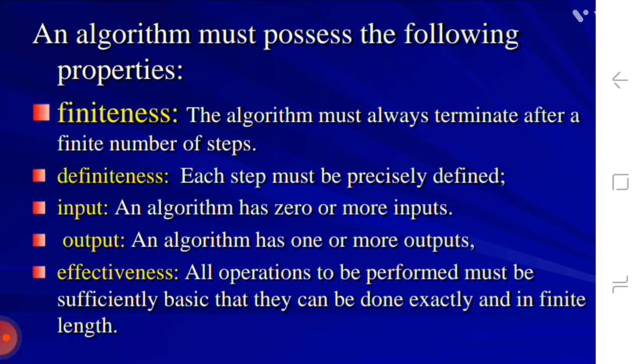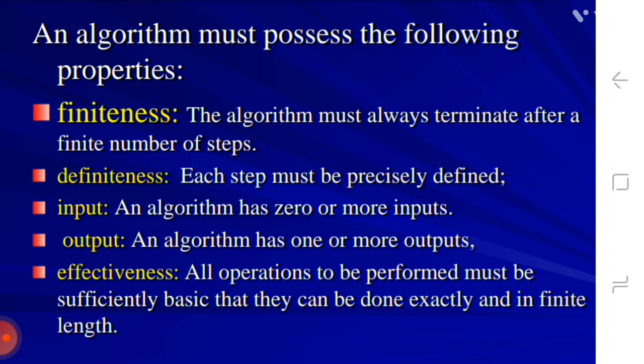Coming to input. An algorithm has 0 or more inputs. Let me give you an example. Maybe you want to print a message, let's say hello world, or good morning. That could be printed without defining any variable or giving any input.